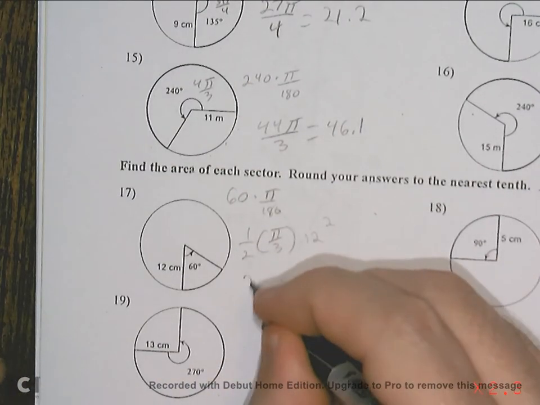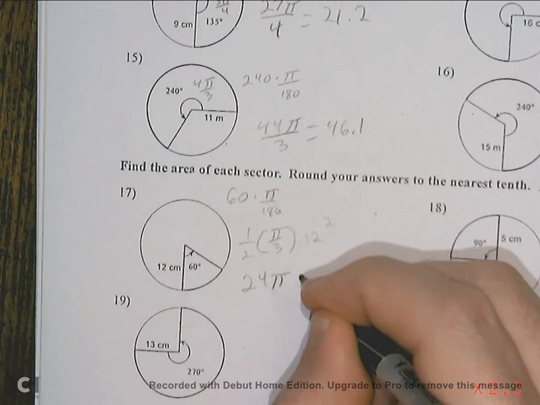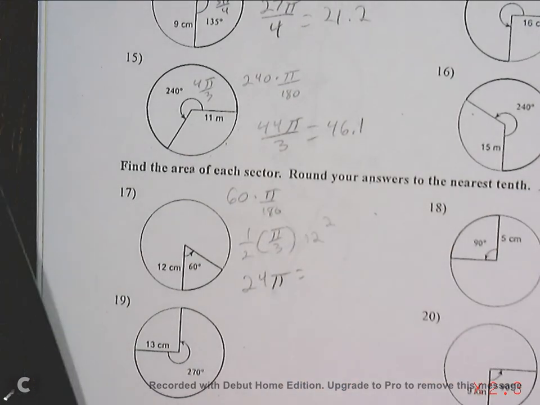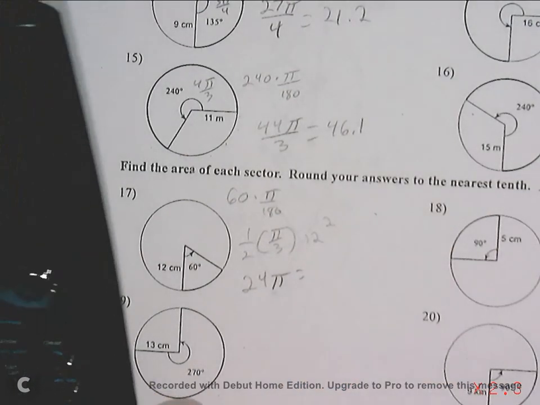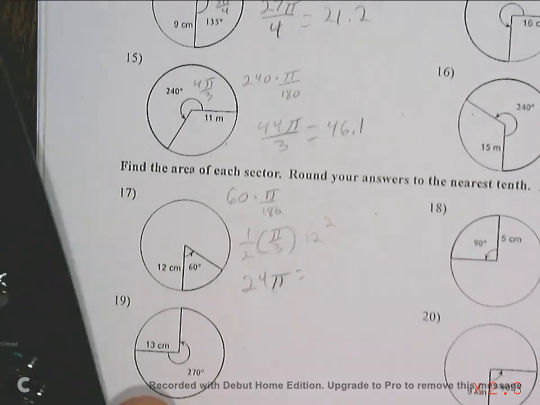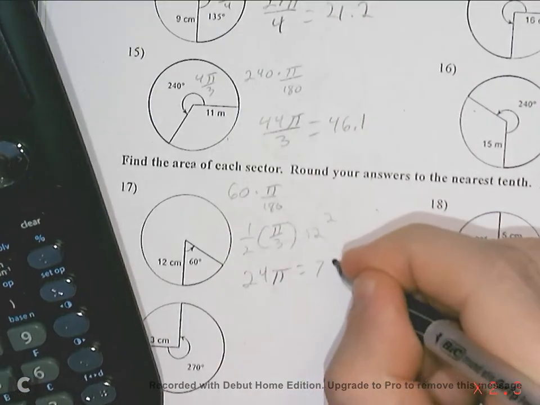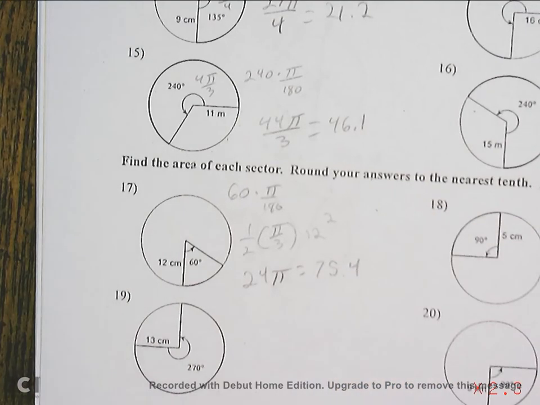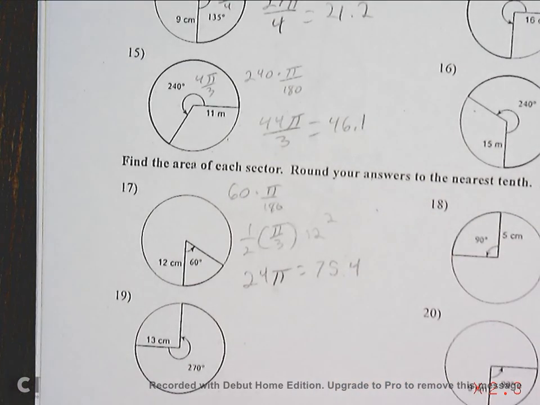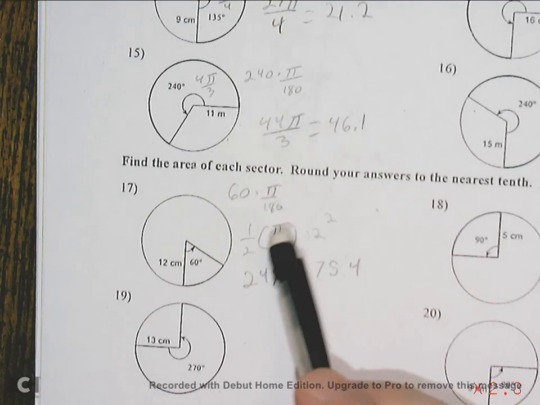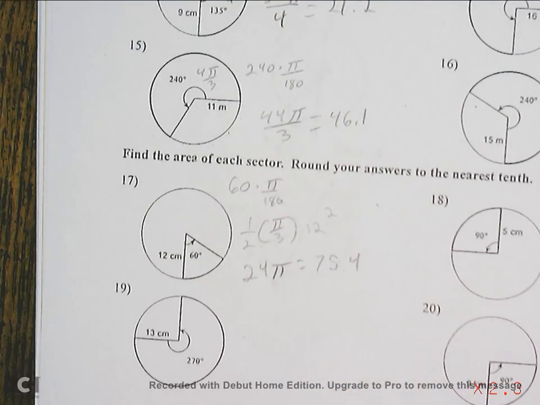So the measurement of this sector is 24 pi, and that's the more exact answer, right? And then if I want to get that to the nearest tenth again, as a decimal, 75.4. And that's what you do to find the area of a sector. Again, 1/2 angle in radians times radius squared. And that's it.